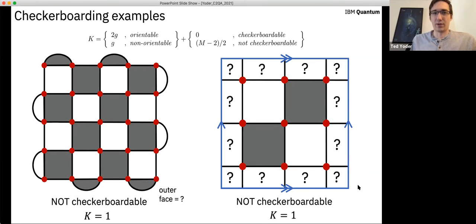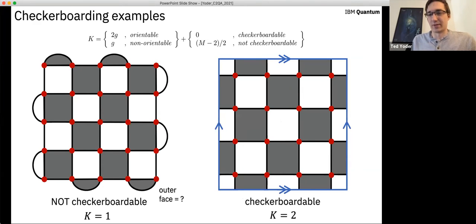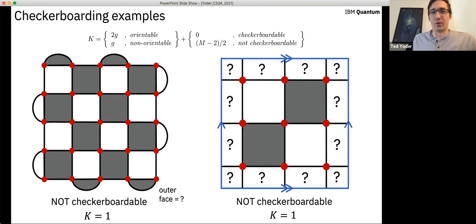So this ends up being not checkerboardable, and therefore you lose one of the logical qubits. At least if you're comparing with this example, you lose one of the logical qubits because there are no odd degree vertices. M is equal to 0. So you get the second term here, which evaluates to -1.